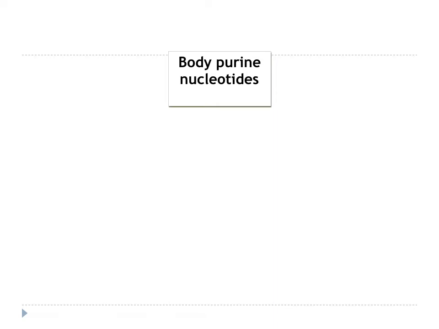So the main sources of purines are RNA and DNA, which are nucleic acids, and their metabolism. And you know that nucleic acids are localized in the cells and the nucleus, from its name. So the main source comes from metabolism of nucleic acids.